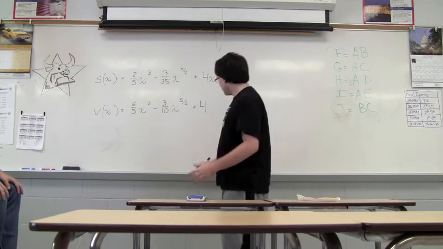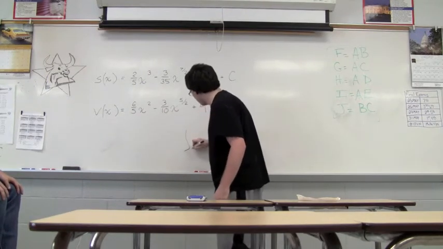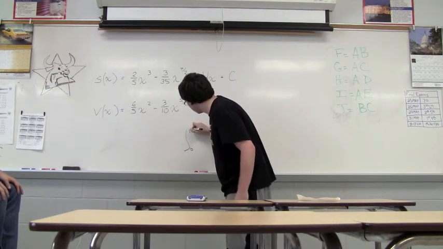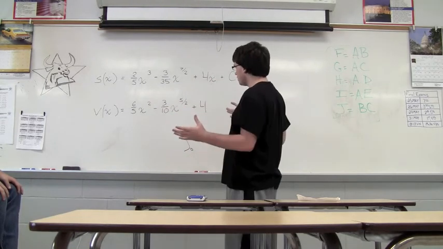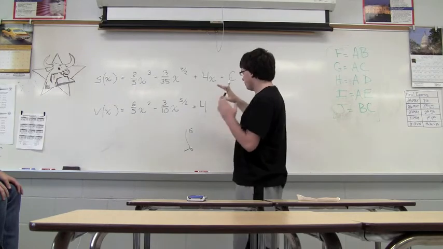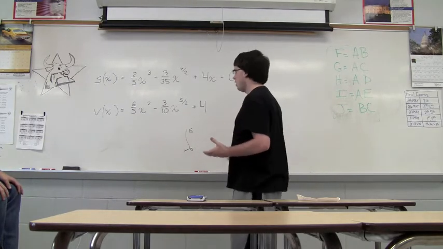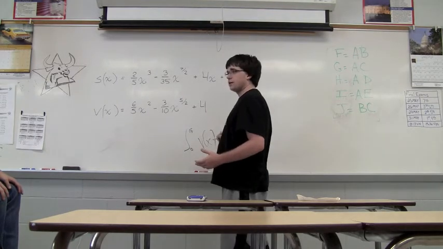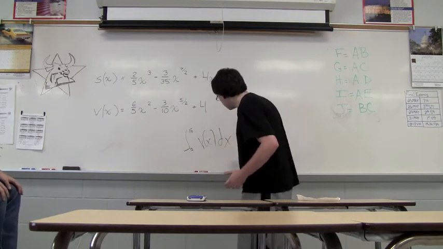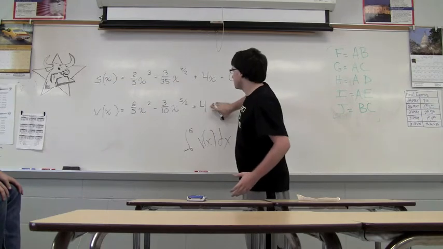So if we take the integral on 0 to 15 seconds, because we're taking it from when the shark started moving to 15 seconds after he started, of v of x dx.